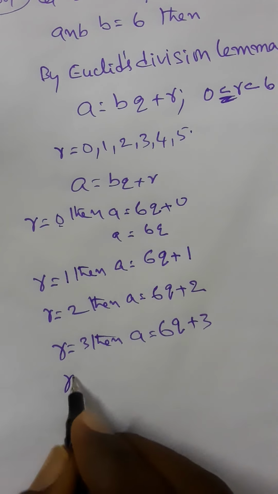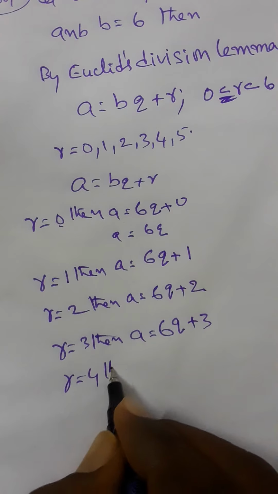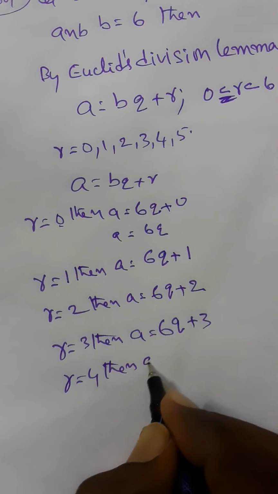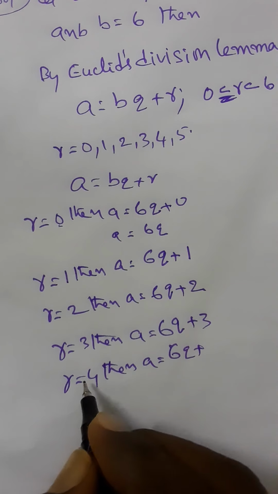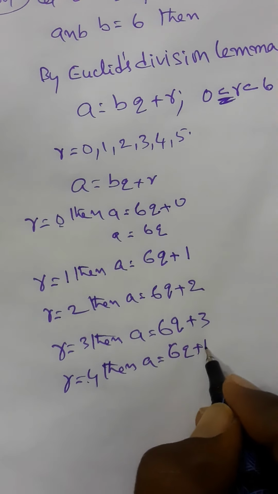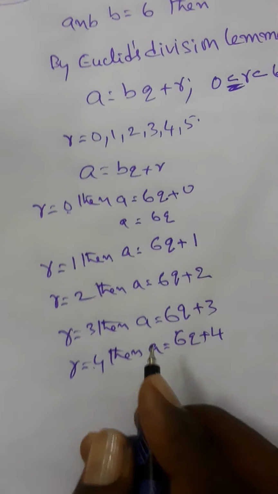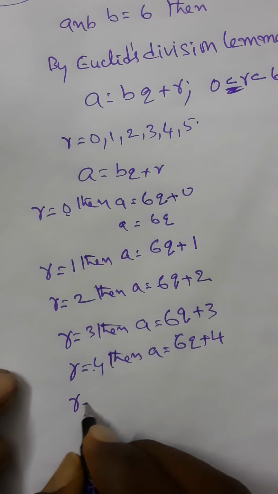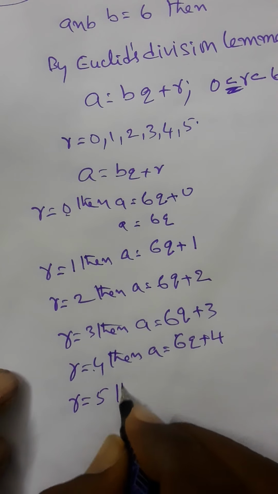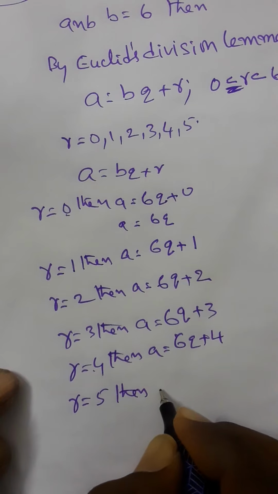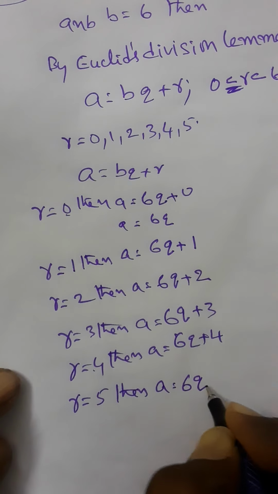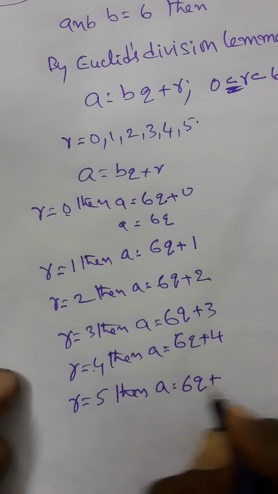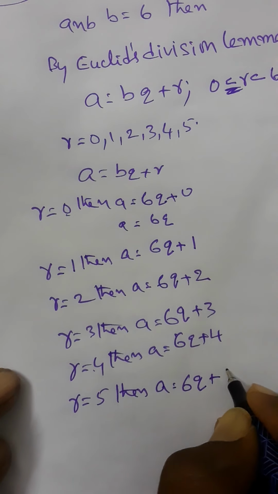Next, r equal to 4, then a equals 6q plus 4. Next, r equal to 5, then a equals 6q plus 5.